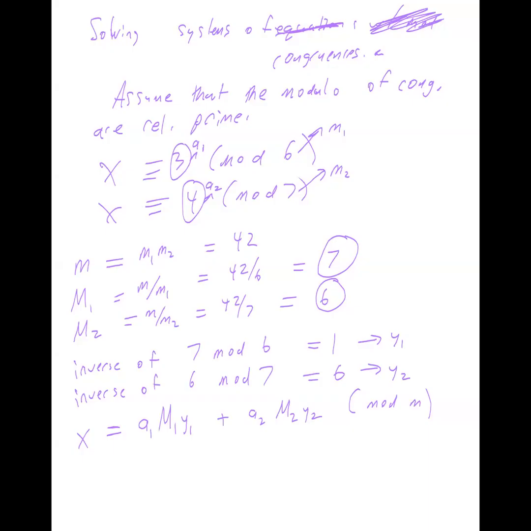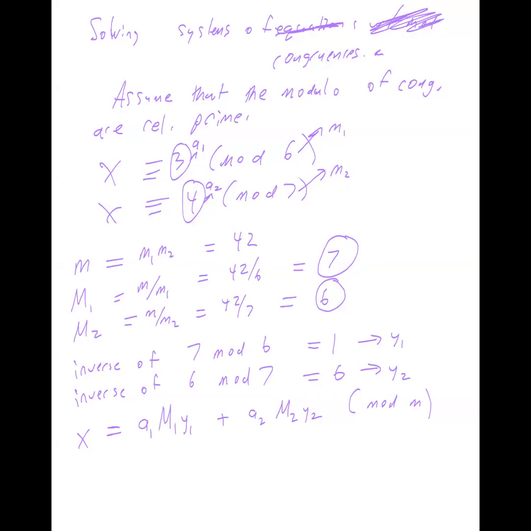And then boom, you're just going to get plus 0. So you're going to get A1 times 1 plus 0. Therefore, you'll just get A1. So X will automatically equal A1 when you plug it in the first equation. When you plug the X value right here into the second equation, you're going to be doing modulo 7, right?